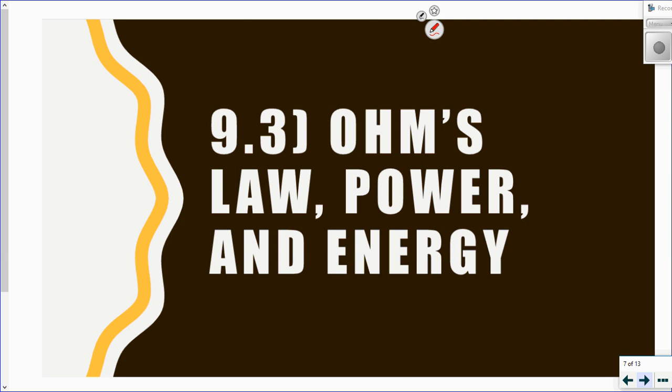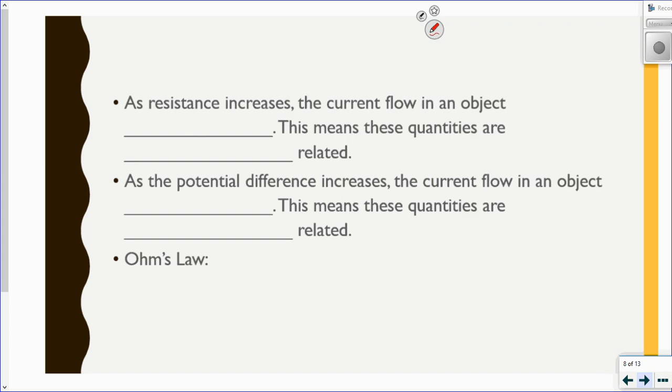So let's take a look at 9.3, Ohm's law. Ohm's law tells us a relationship between resistance and current and voltage within a circuit. Current and voltage, or current and potential difference, are the two components we've talked about so far. We know that as resistance increases, the current flow in an object decreases, meaning that these quantities are inversely related.